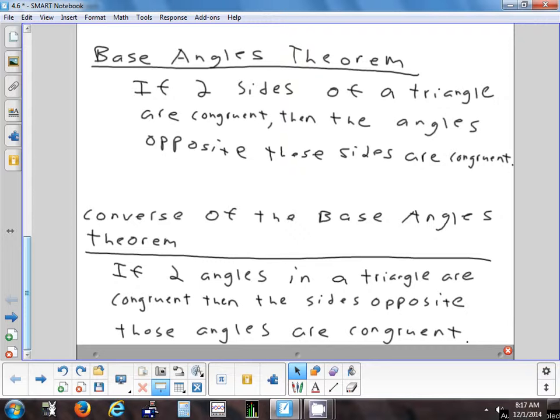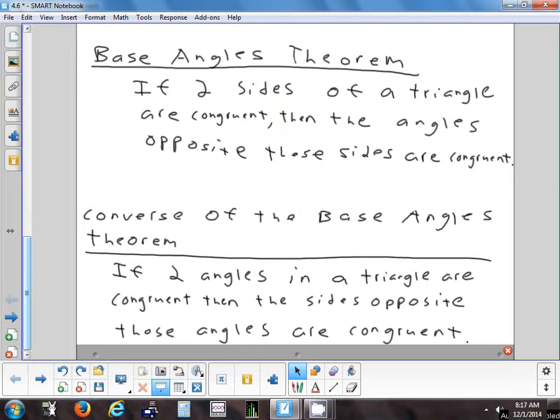So when we do a proof, if we use one of those theorems, we just got to try to remember which one is the theorem and which one is the converse of the theorem. The theorem is used to prove angles are congruent. The converse is used to prove sides are congruent. So you just have to remember that.